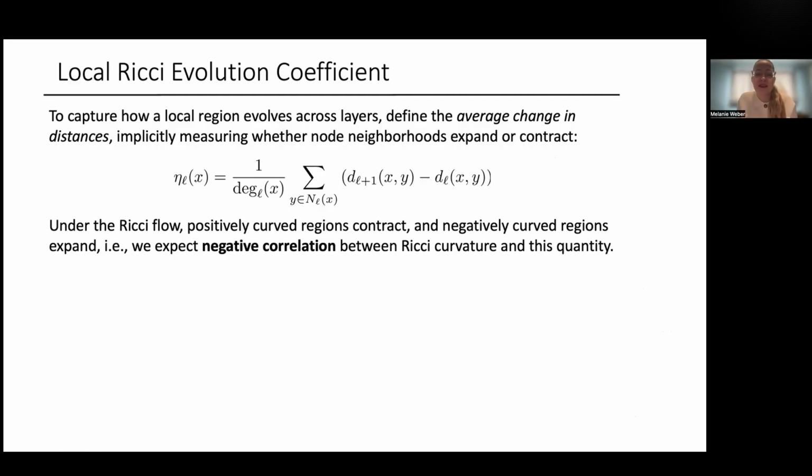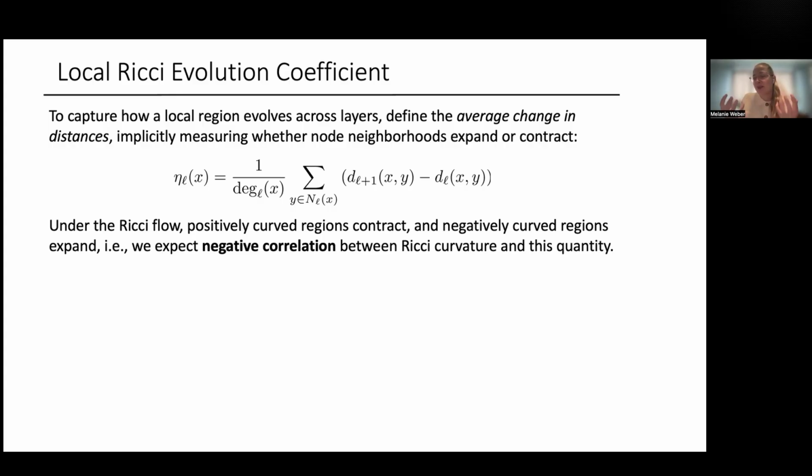The lens we want to use here is to look at the average change in the distances under those transformations. And measuring those changes, we can then compare to what we would expect under the Ricci flow.